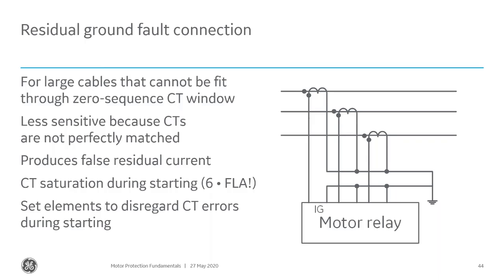Now, what happens if I use this residual connection for a high impedance grounded system, or an impedance grounded system, I should say. So let's say I limit my fault current to 200 amps, right? Then my CT ratio, as I said earlier, let's say that's 1,000 to 5 CTs.